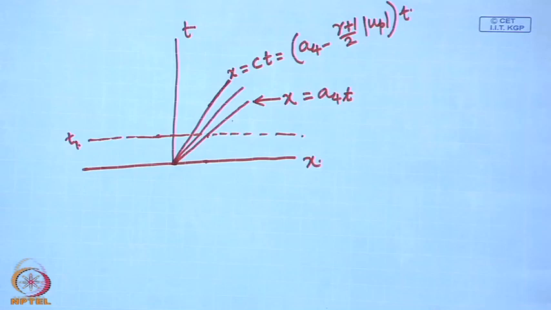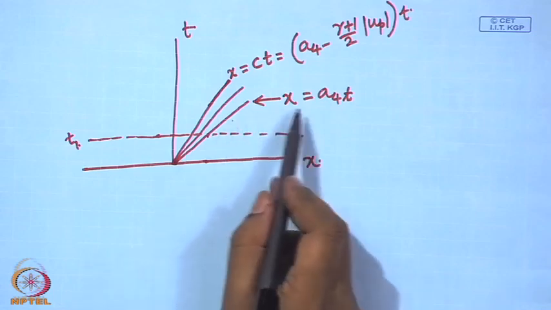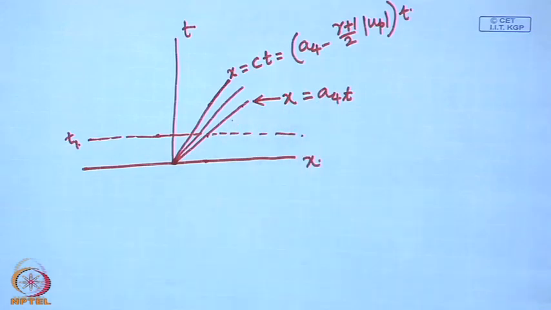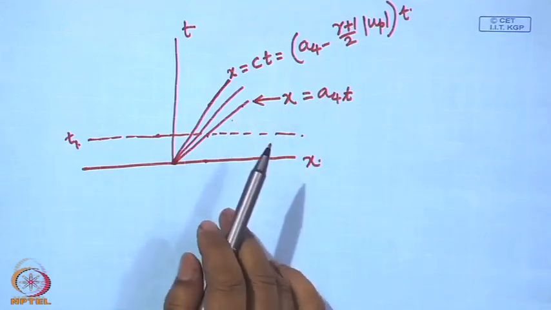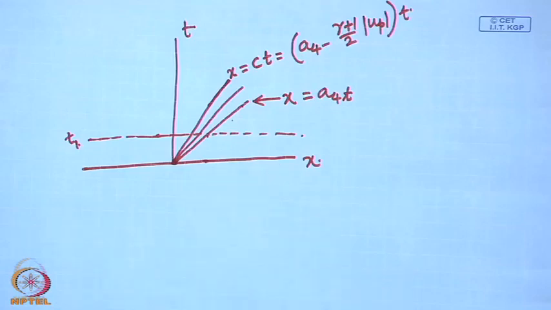Hence, the front of the wave propagates with speed, let us say a 4, into the undisturbed fluid, that is in the opposite direction of the piston or the fluid motion. The wave speed in the portion of the wave which is behind the front is given, according to the theory that we discussed earlier, as c equal to a 4 plus gamma plus 1 by 2 u.